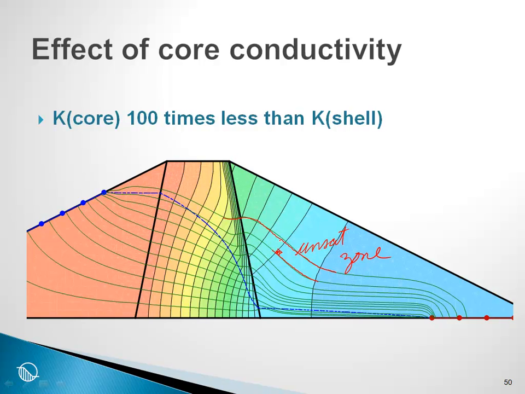And you know that when we draw flow nets, we have to scale drawings to match the contrast in hydraulic conductivities. In this case, where every element has a different hydraulic conductivity, it would be nearly impossible to draw a flow net. So this is one of the reasons why we do not draw flow nets, because they are only possible in very unique situations, usually only in homogeneous situations.